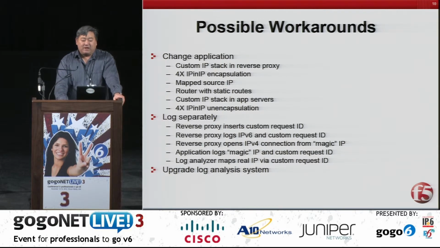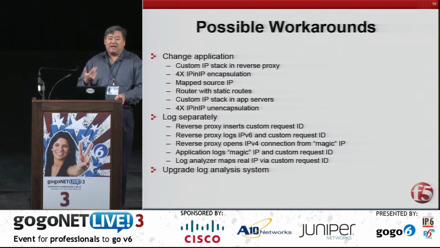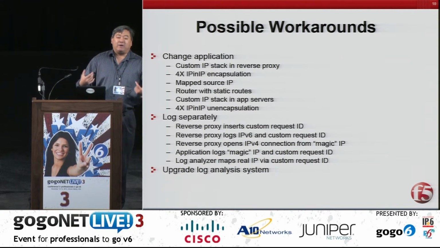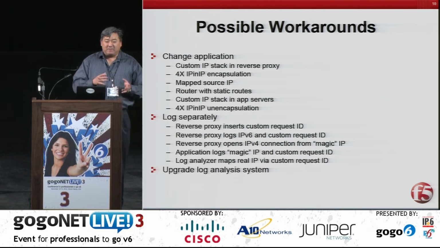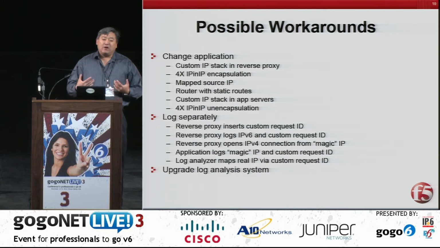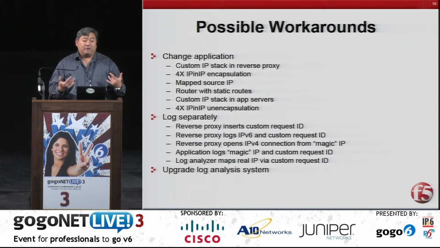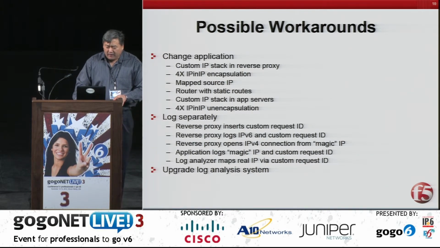And if it were somehow IPv4 encapsulated, then the custom stack on the app server might be able to unencapsulate it and basically generate back out the real 128-bit address, right? And if it was encapsulated with zeros or something like that, then it would know, oh, this was an IPv4 request, right?